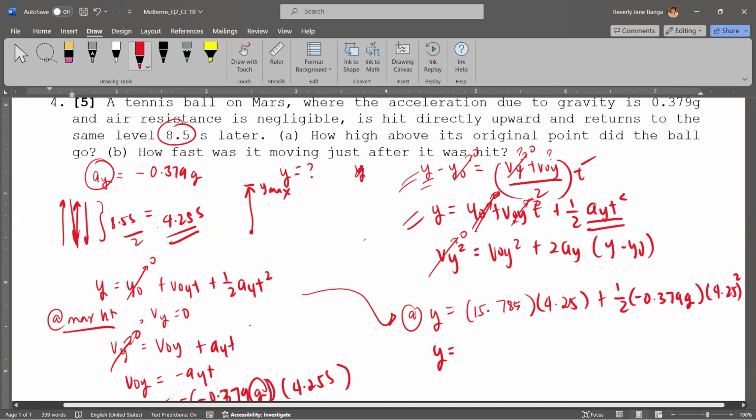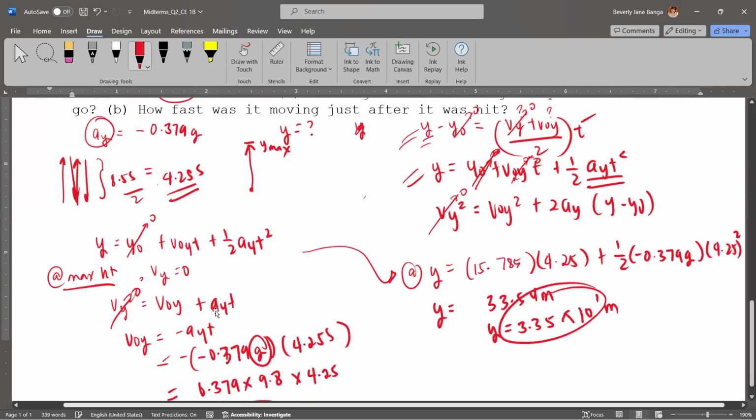Okay, so this gives me y is equal to 33.54 meters. So y is simply 3.35 times 10 raised to 1 meter. Okay, so that's for the y.